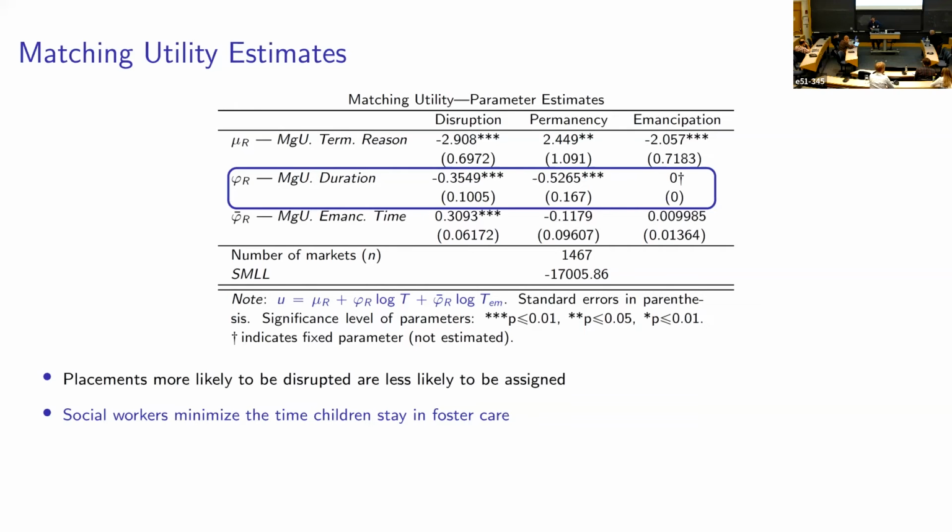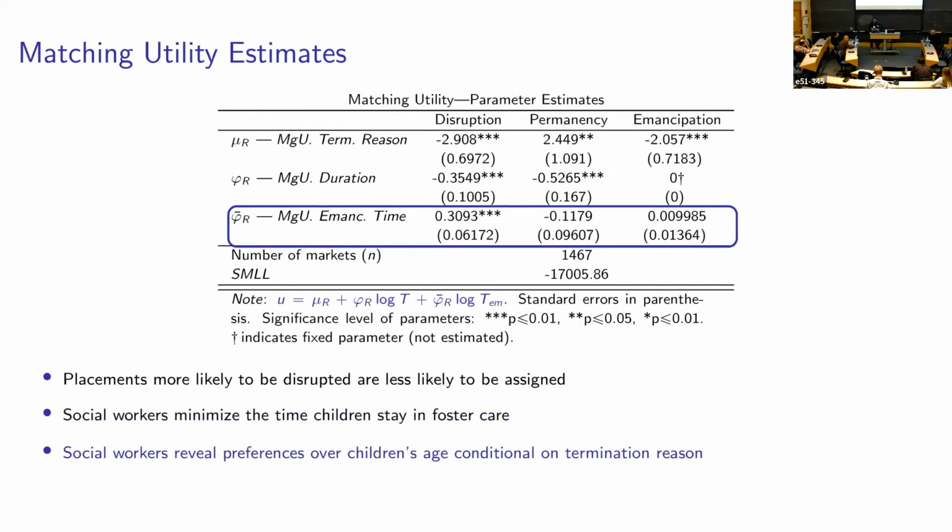In terms of a disruption, this is murkier, but it's basically saying that if we know a placement is going to be disrupted, the social worker would prefer that disruption to happen sooner rather than later. I didn't say this in the previous slide, but I also control for the emancipation time, because the durations are capped at 18, so time means different things for children of different ages.